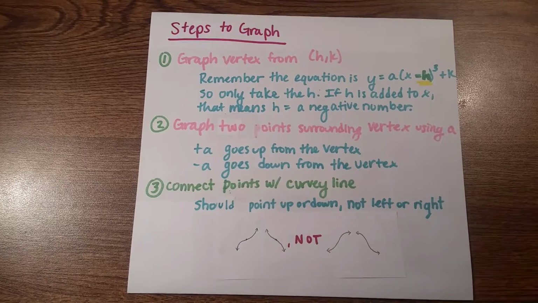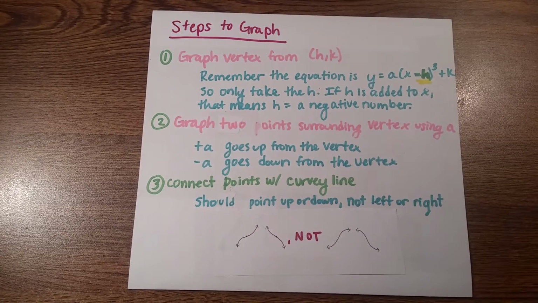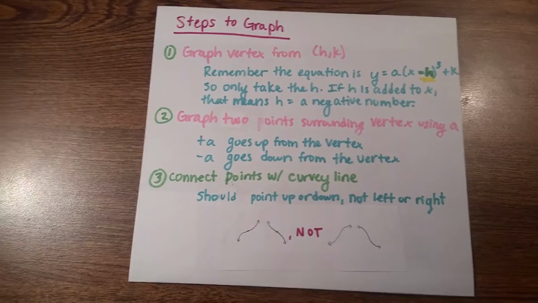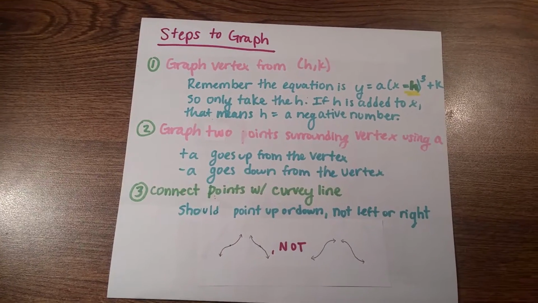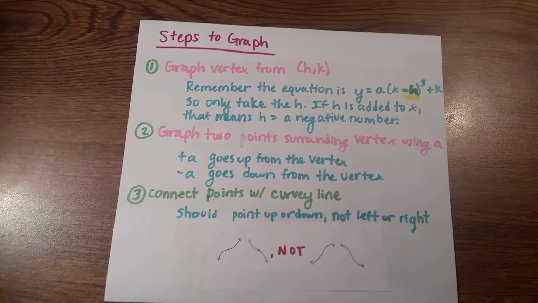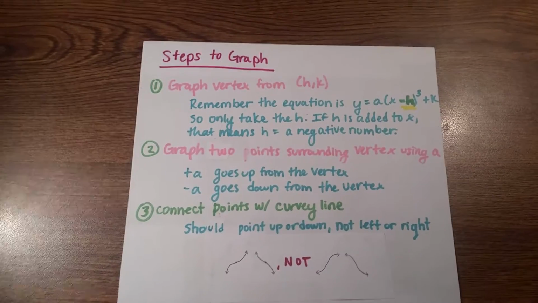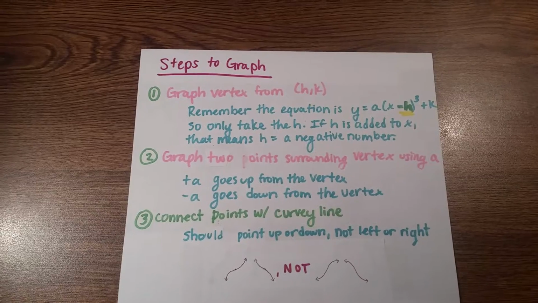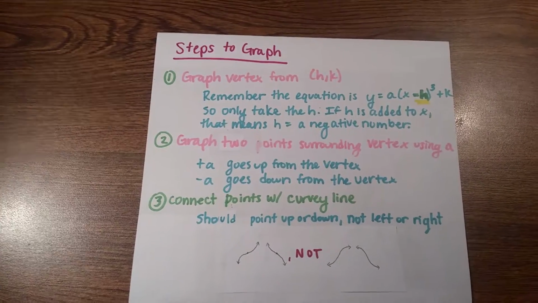So if h is 3 and k is 5, then your vertex is at (3, 5). Now remember, the equation is y equals a(x minus h) cubed plus k. Only take the h. If it has an x plus h, that means the h is actually negative. The negative is not part of the h.